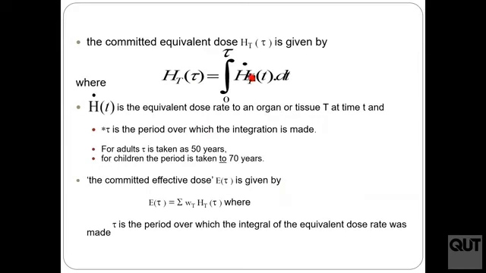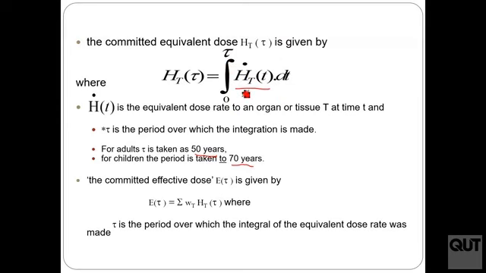This is given by the annual dose integrated over the lifetime of the person. For adults, the lifetime is taken to be 50 years, for children 70 years, because children are expected to live longer. For long-lived radionuclides, such as most isotopes of uranium, which have very long half-lives, the dose rate will virtually not change over 50 years.